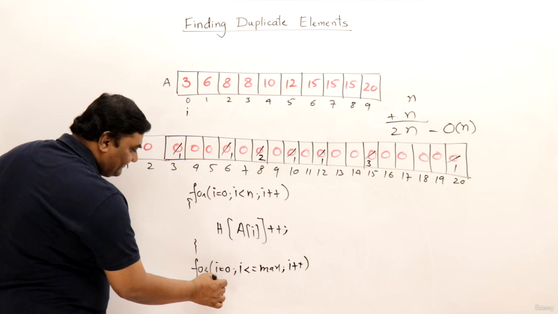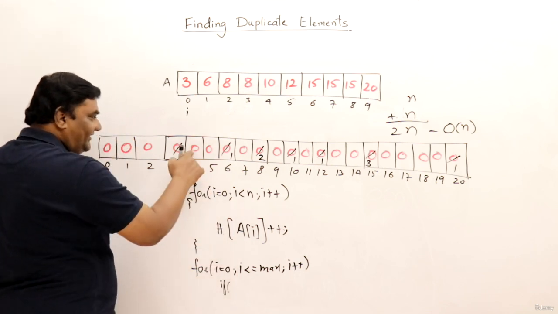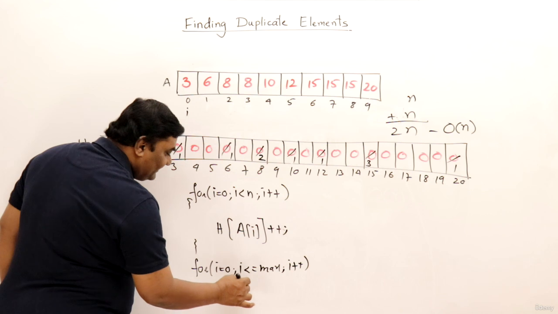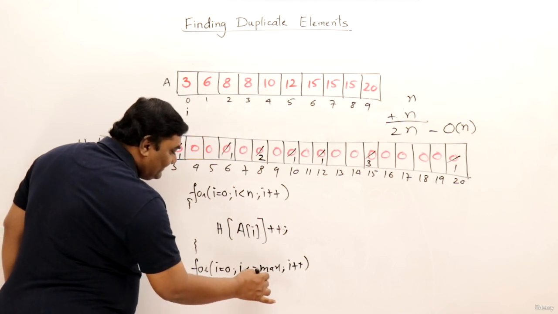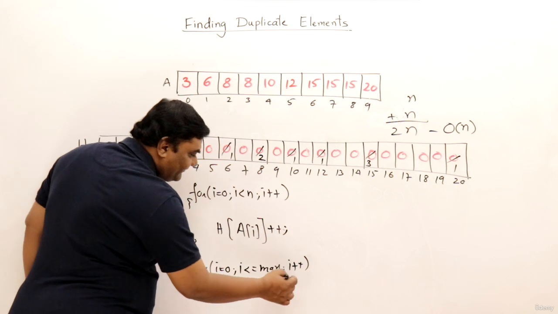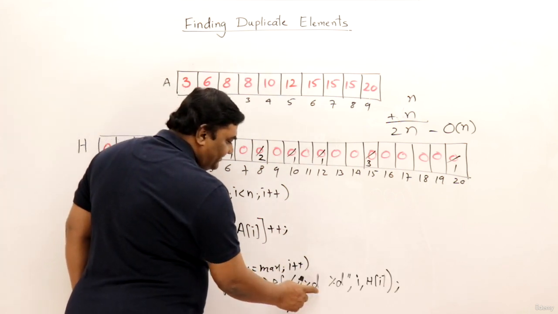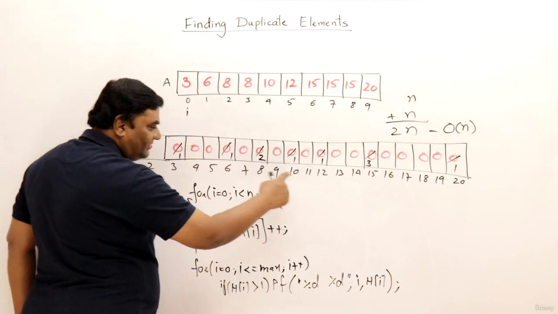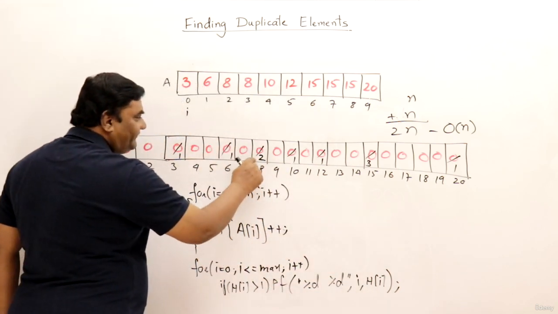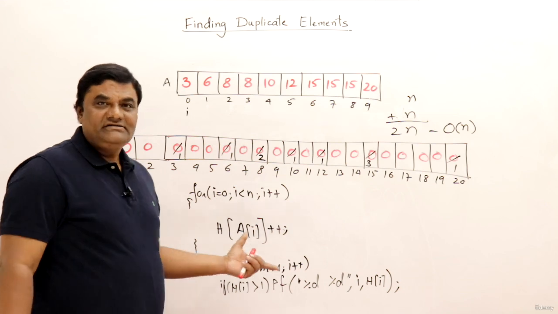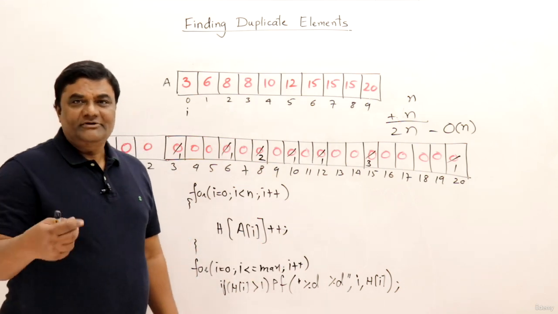What we should do every time, if h of I is greater than 1, then we will print. So in the same line I will write printf. Here printf percentile d I gives the number, and h of I gives the count, how many times it is appearing. That's it. It's a simple procedure.